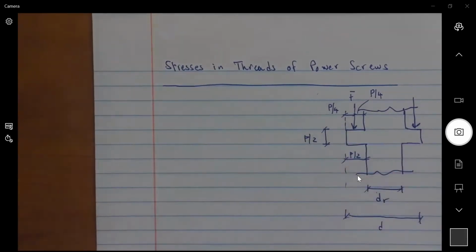As the force is exerted on the face of the thread, we do have bearing stresses.